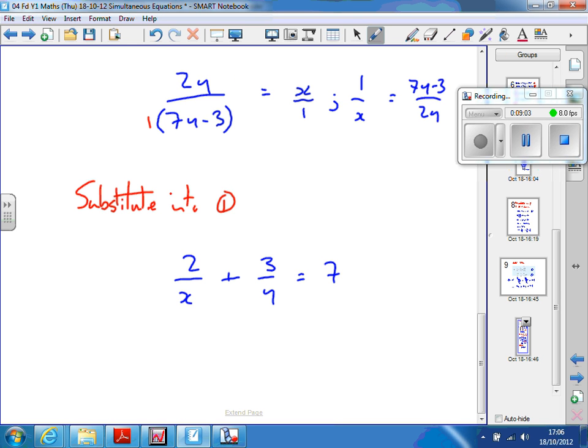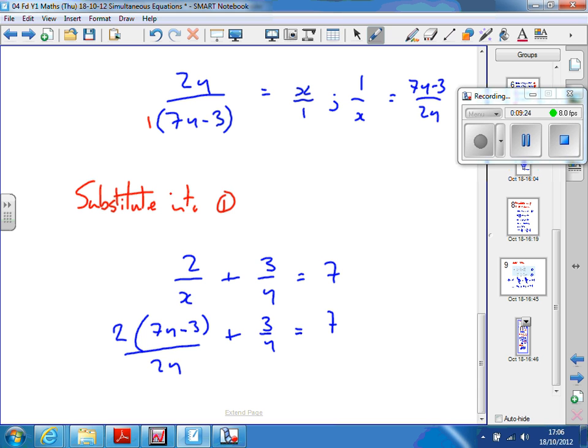So instead of writing 2 over x, I'm going to write 2 times 7y minus 3 over 2y, plus 3y equals 7.